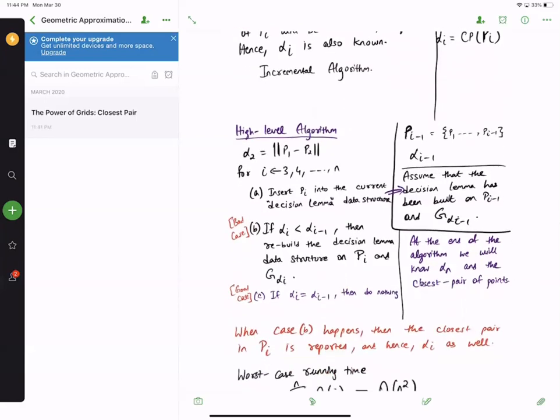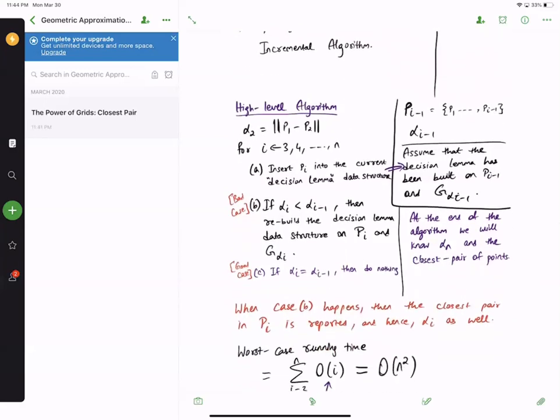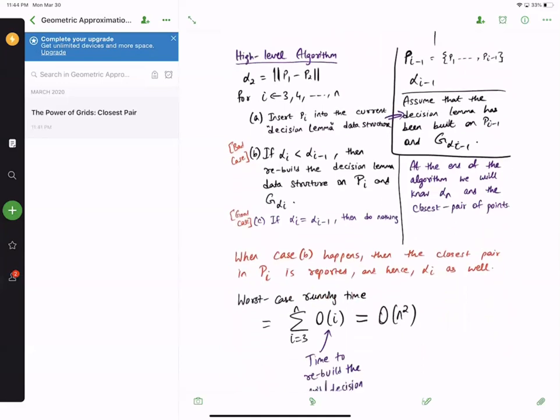And we did this using grids. By that I mean the decision lemma data structure was being used to keep track of the points being inserted till now. And in that process, you had to rebuild the grid many times.